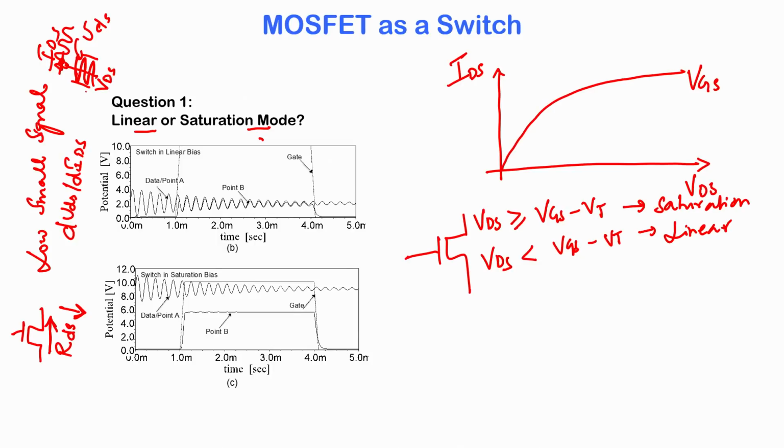Now, where is the small signal resistance lower, in saturation or in linear? If we were to demarcate the saturation region and draw the linear region here, what is the small signal slope in the linear region?